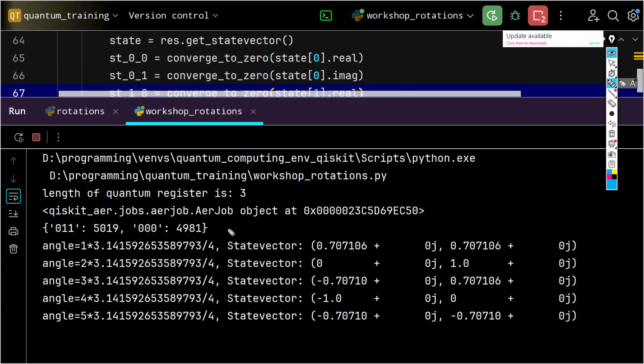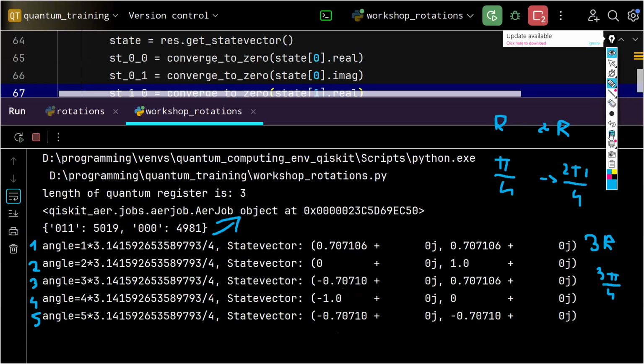I apply the first rotation, second, third, fourth, and fifth: pi over 4, then 2 pi over 4, as 2 times the rotation, right? So this is 1 rotation. This is 2 times rotation. This is 3 times rotation. And this will be 3 pi over 4, and so on and so forth.